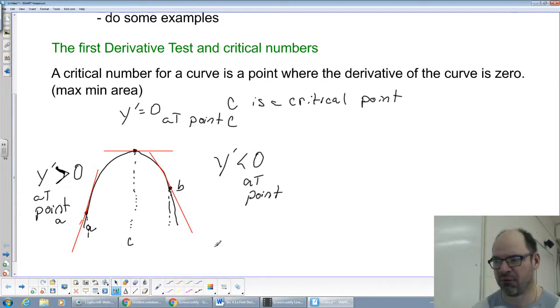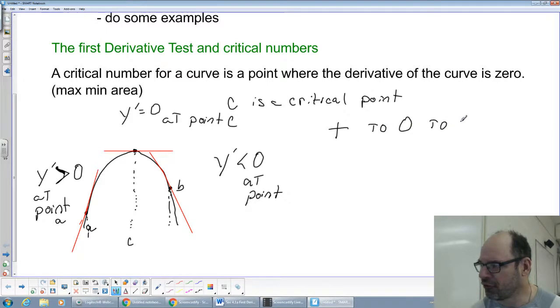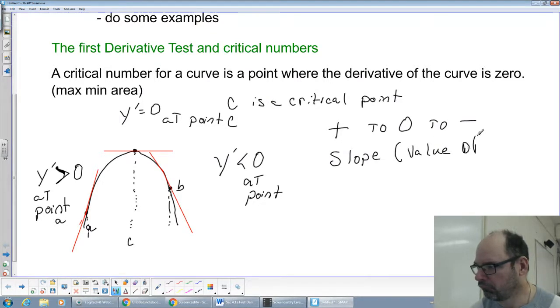Remember, y prime represents the slope and the derivative, because the derivative is the slope of the curve at that particular point. So if we go from plus to 0 to minus slopes, which we mean values for the derivative, remember, we have what's called a local maximum.